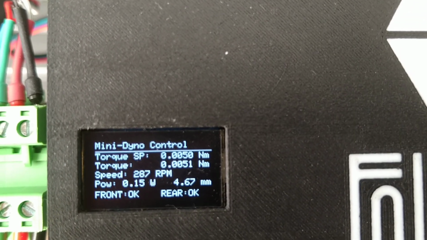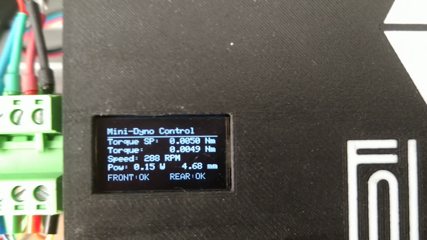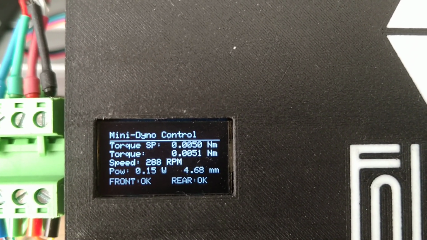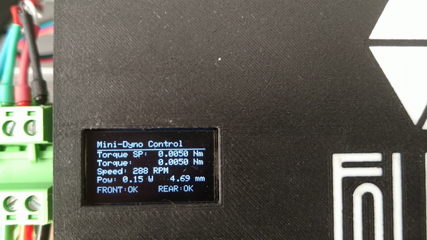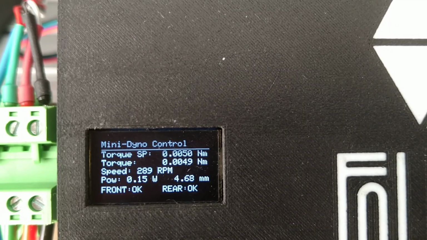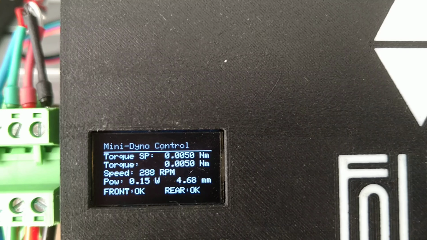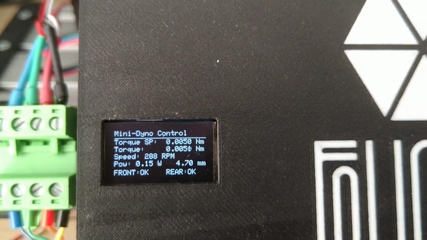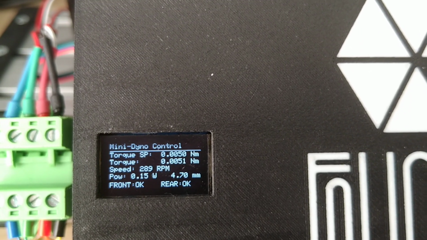Okay, and the current gap, you can see it here, is 4.68 millimeters, and it's really slowly adjusting, responding to, for example, slightly heating up or cooling down of the stator, but as long as the motor is spinning with a constant speed, and currently it is 288 RPM, the system is going to maintain constant resistance level.